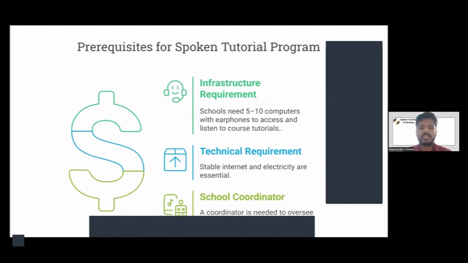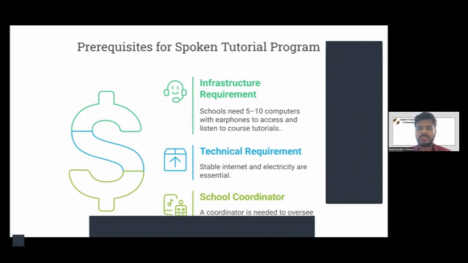So you may be wondering, what does a school need to implement the spoken tutorial program? Well, the requirements are very minimal because we have designed the program in such a way that it is accessible to all Indian schools, no matter the infrastructure. To successfully implement this program, your school needs at least 5 to 10 computers with headphones so students can listen to our tutorials while practicing, and a stable internet connection. But the internet connection is not needed all the time, just during the test and downloading the tutorials.